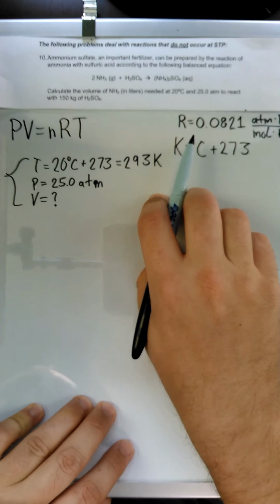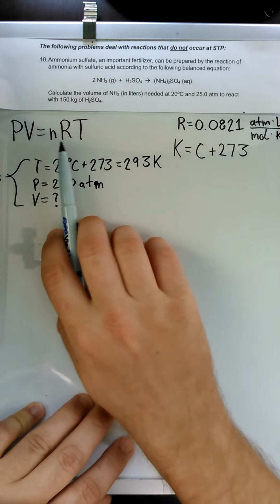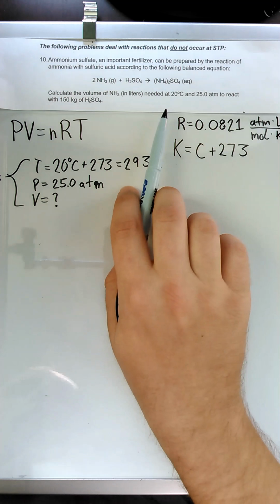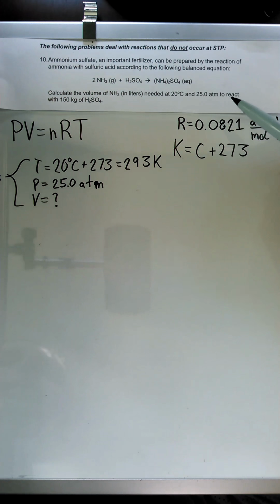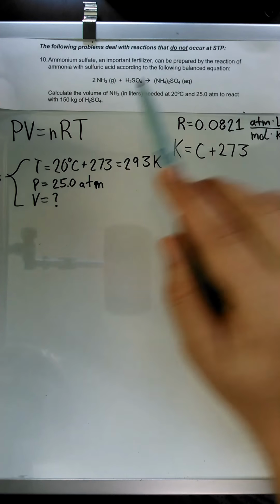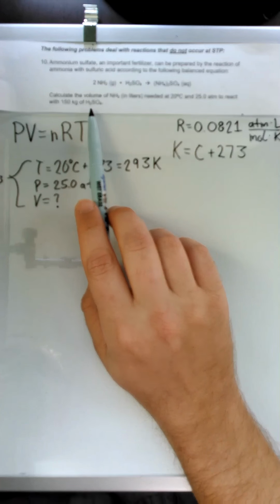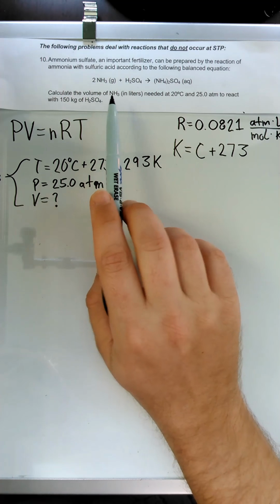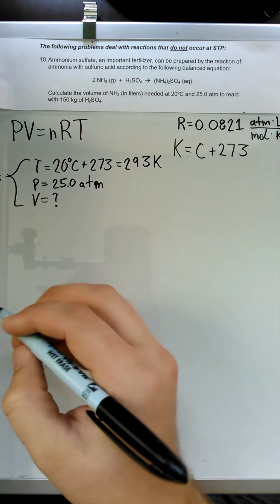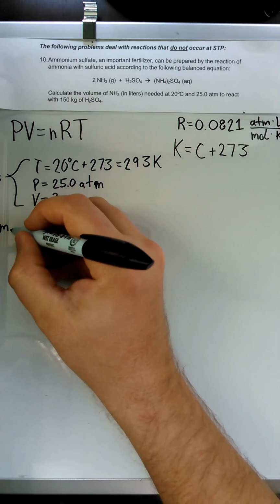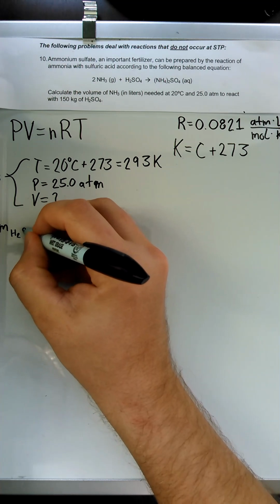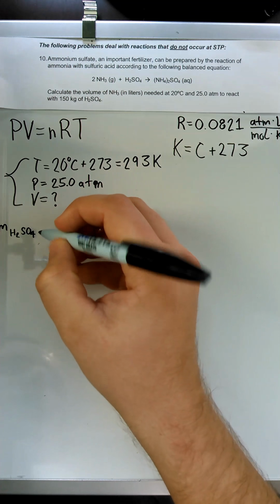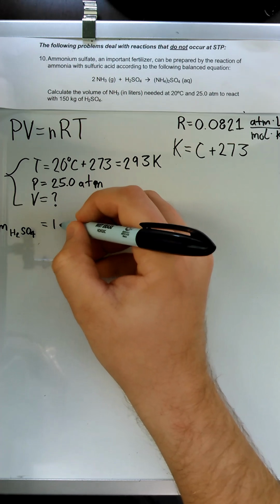We always know R, so the last item we need is n, the number of moles of ammonia. This is where the stoichiometry is going to come into play, where we take the mass of sulfuric acid we're given, H2SO4, convert that to moles, and then to moles of ammonia. So, we're given a mass for sulfuric acid, H2SO4, as being 150 kilograms.